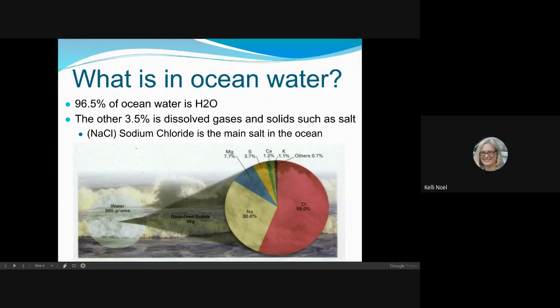Those two together make sodium chloride, which is salt. Magnesium, you have about 7.7%. You've got some sulfur, calcium, potassium, and then you have others. This is a smaller percent. So there's a lot of different things in that water. So that 3.5% makes up a lot.